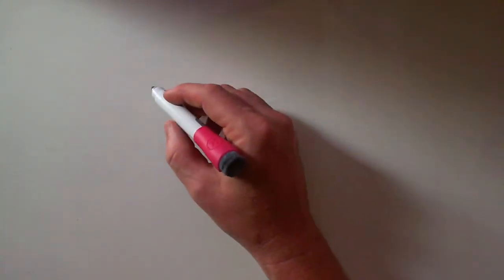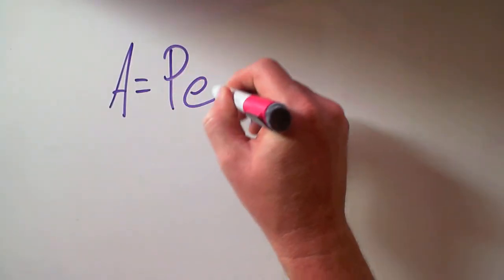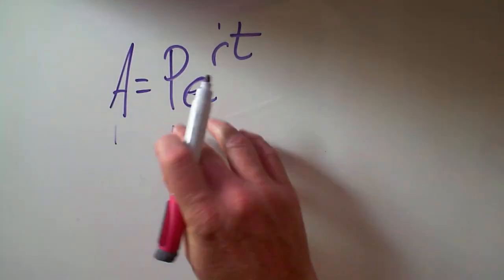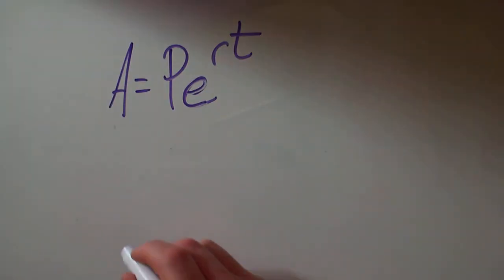It's called continuous compounding, and it uses a formula that's A equals P e to the rt. Now, we've already seen the A, the P, the r, the t as variables, and now we also have that e value. Let's take our $5,000 using this A equals Pe to the rt idea.